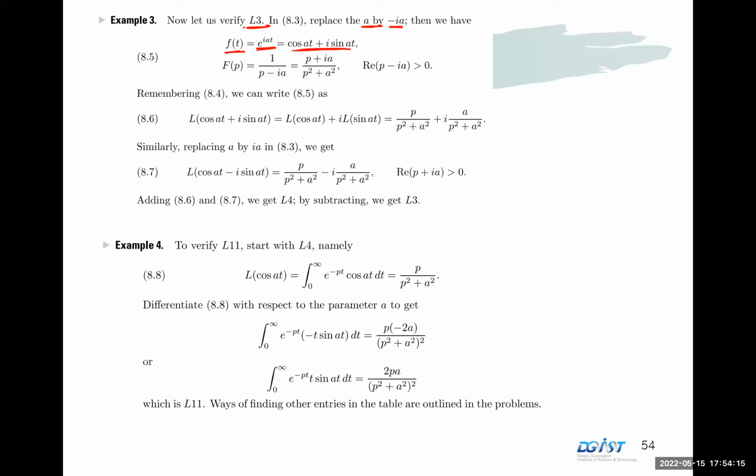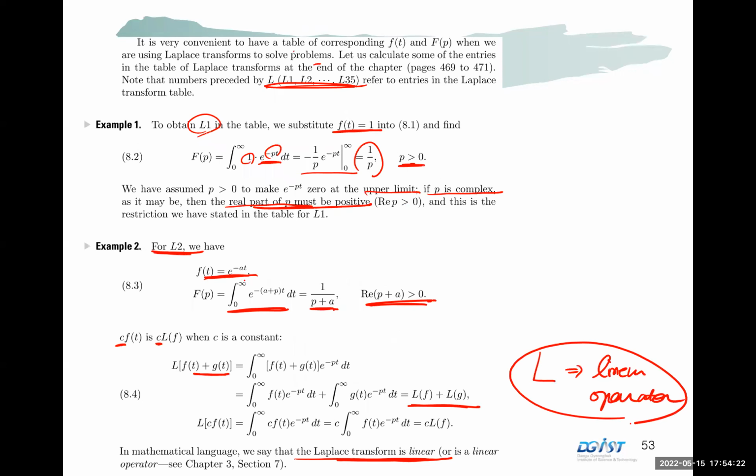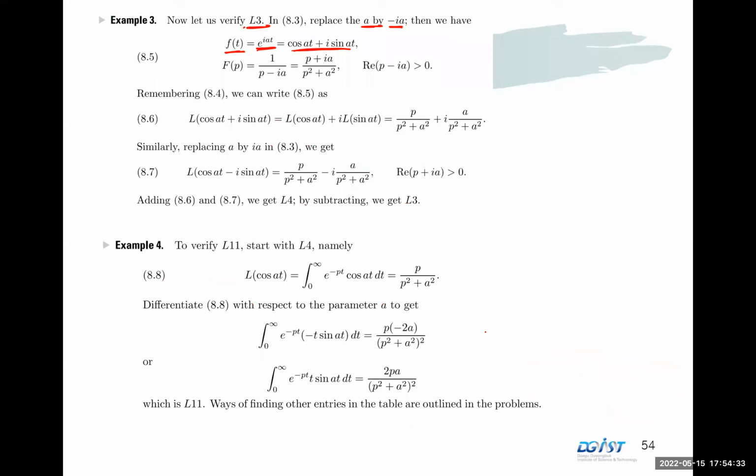Then this one is written by cosine AT plus I sine AT. Here, this A, this minus A must be replaced by I omega, IA. So we have this relation.